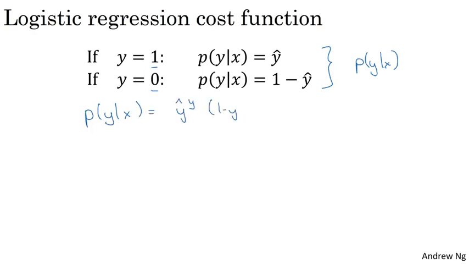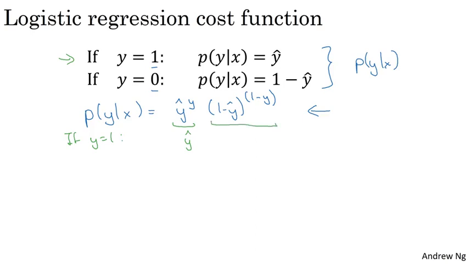So, p of y given x equals y hat to the power of y times 1 minus y hat to the power of 1 minus y. It turns out this one line summarizes the two equations on top. Let me explain why. In the first case, suppose y is equal to 1. Then this term ends up being y hat, because that's y hat to the power of 1.